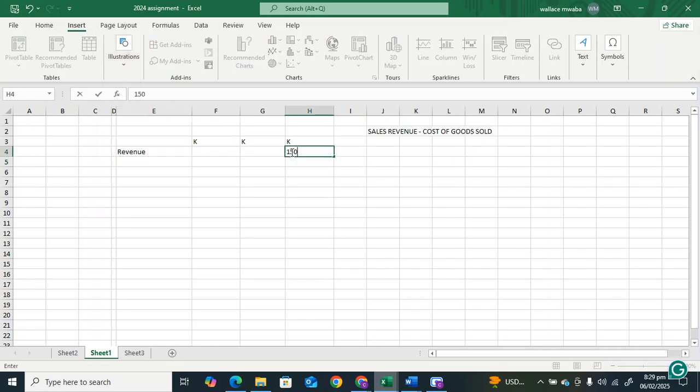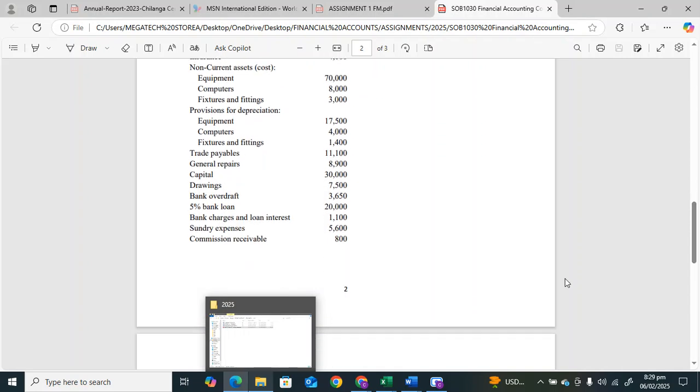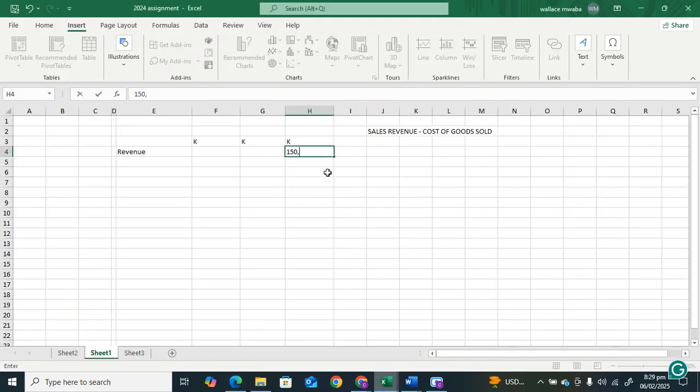I don't think there was return inwards in this question. Yeah, no return inwards. So we'll put it at the last column. Sales revenue 150,000. Since there's no return inwards, there's nothing we're deducting it by.